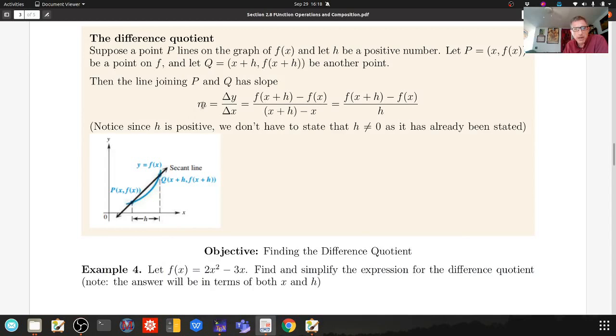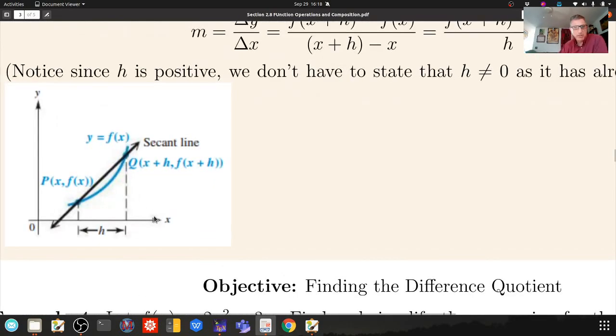So remember, our average rate of change was the change in y over the change in x, and that's equivalent to the slope. So we're going to let P be down here and here's Q, and there's my curve. Let's make this better. This is probably readable.